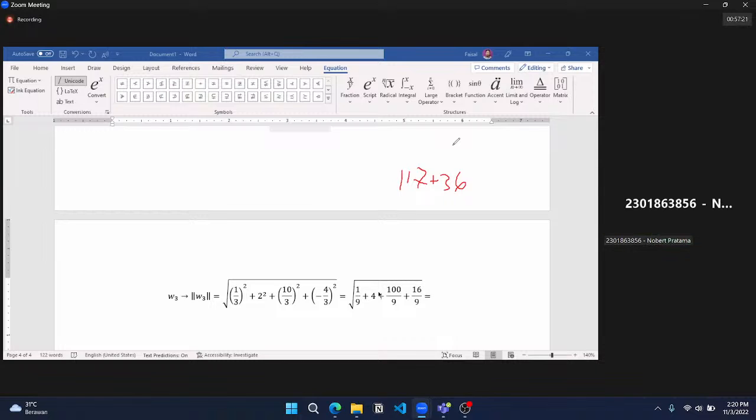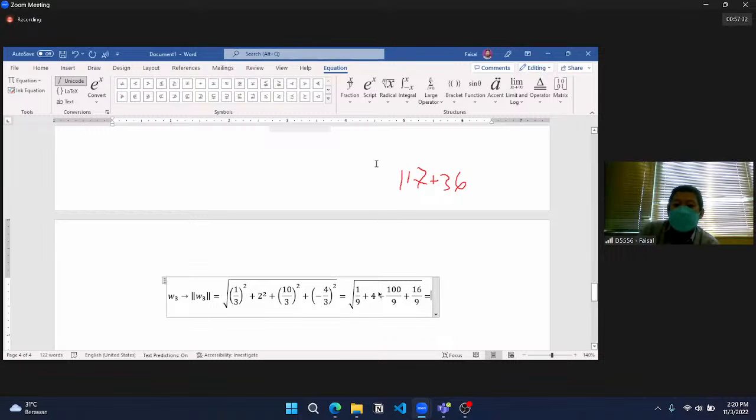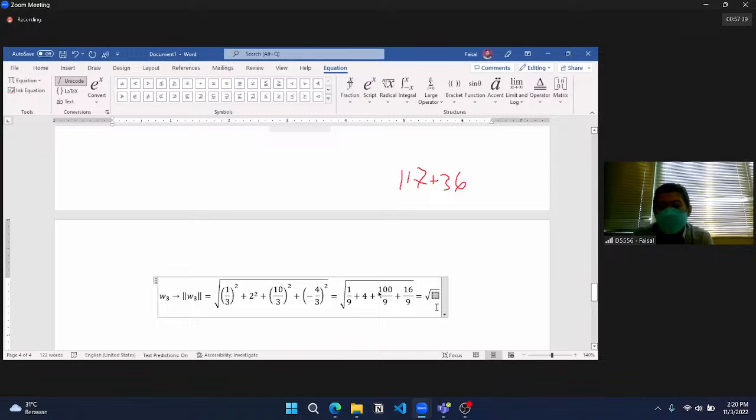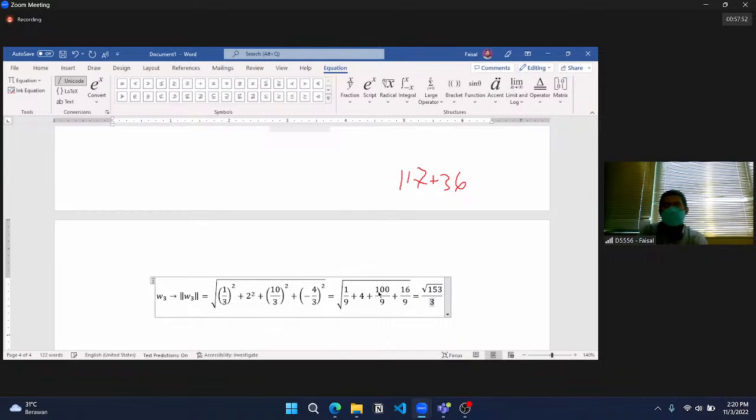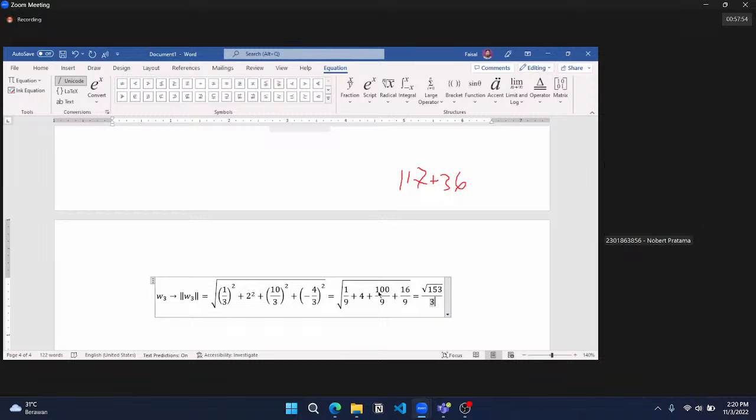Akar 17 maksudnya. Yeah, still in square root. Square root itu square root 153 ya. Per 9. ya, benar.